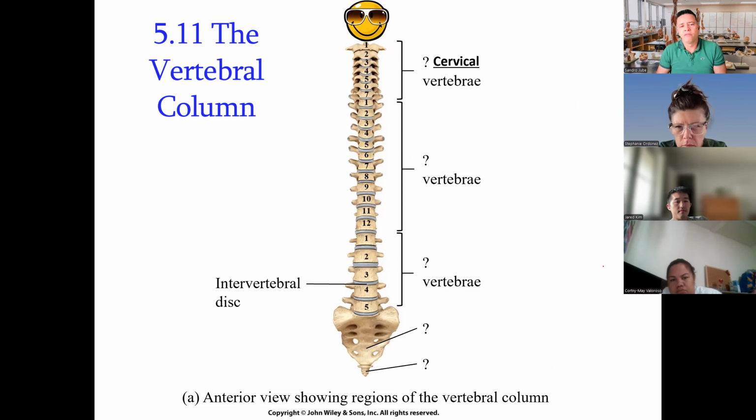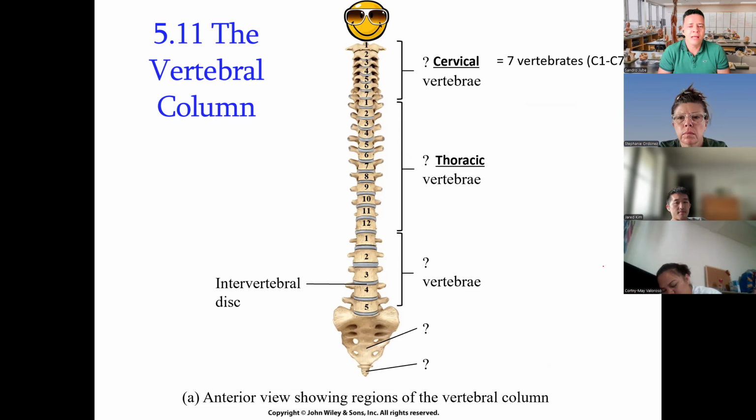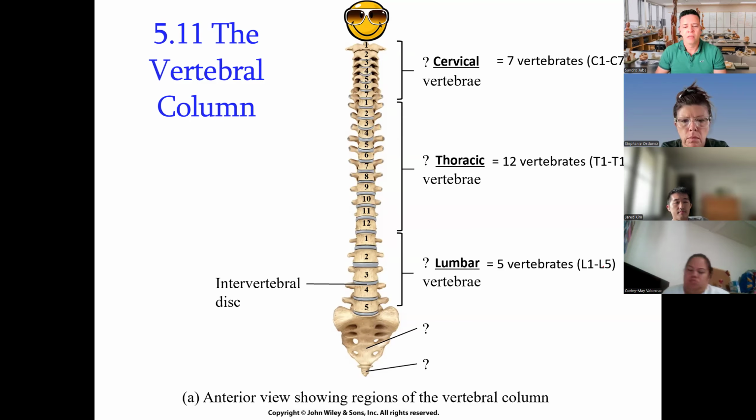The first 7 vertebrae is what we call the cervical, and it goes from C1 all the way to C7. Then we have the thoracic vertebra or the thoracic curvature that goes from T1 all the way to T12. And then we have the lumbar vertebra, and the lumbar vertebra goes from L1 all the way through L5. Okay, a total of 5 of them.